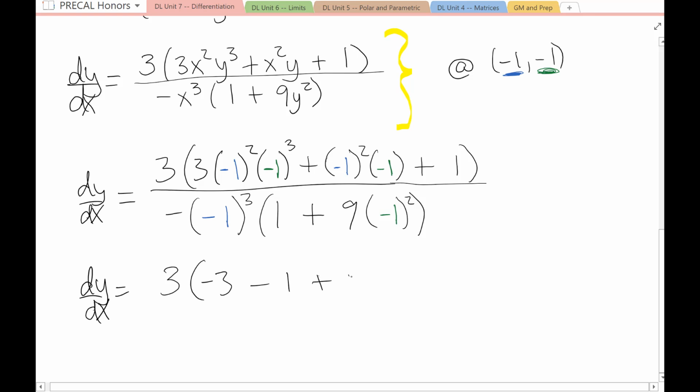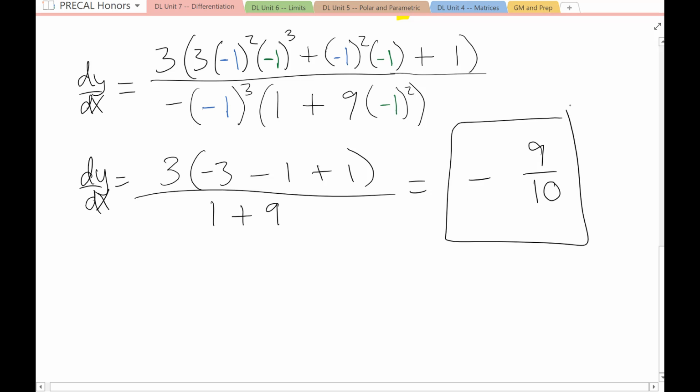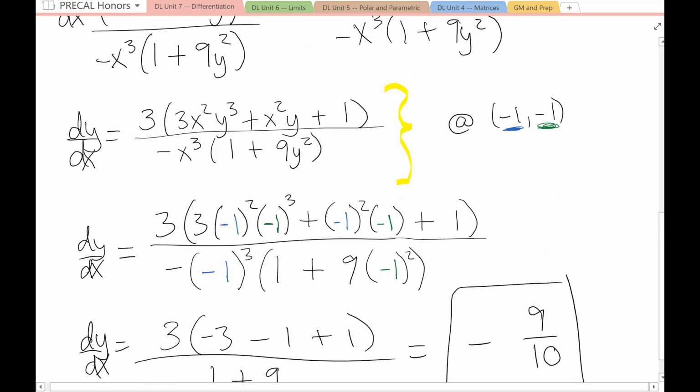And then this is a negative 1 plus 1 over negative 1 cubed is negative 1, but negative 1 times negative is just 1. So I'm left with 1 plus 9 times 1. All right, and I got negative 9 over 10 to be the slope at the point negative 1, negative 1.